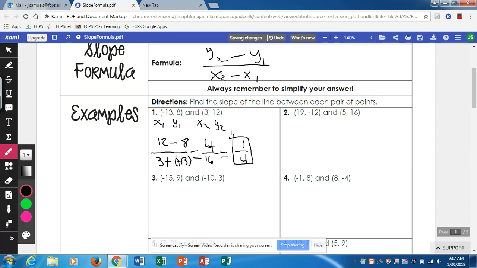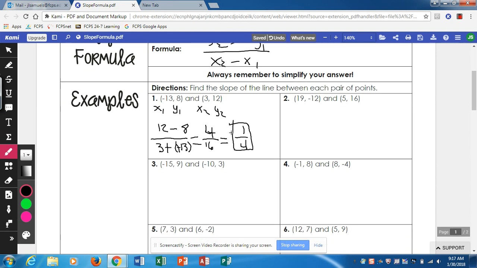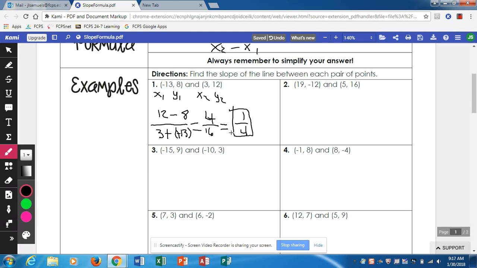Now, a question that a lot of students always ask, they say, hey, Mr. Samuels, what if I said that 3 and 12 were my x1, y1, and negative 13, 8 was my x2, y2? Well, you still will get the same exact answer. And to prove that to you, I'm going to do it the opposite way.